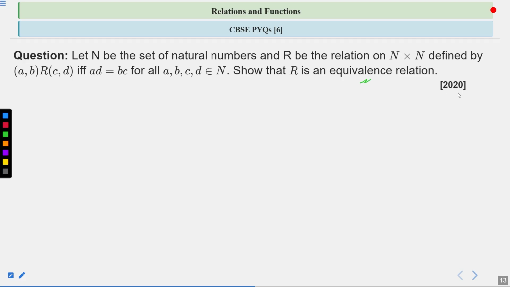This question has been asked in 2020, right? Okay. So what is the condition of an equivalence relation? The relation must be reflexive, symmetric, and transitive, right? What is the condition of reflexivity?